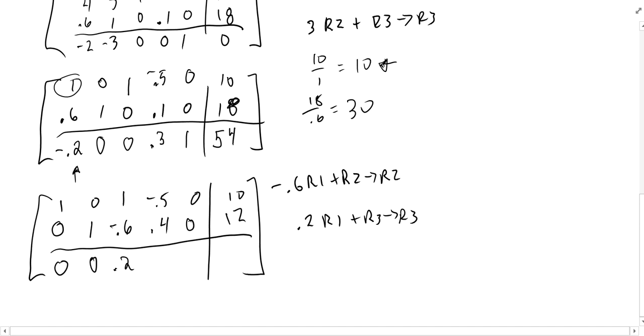Negative 0.5 times 0.2 plus 0.3 gives me a plus 0.2. And 0.2 times 0 plus 1 stays 1. And 0.2 times 10 is 2. And if I add that to 54, I get 56.